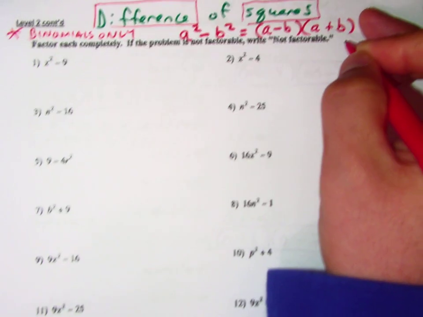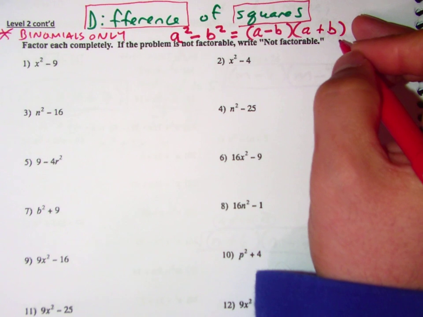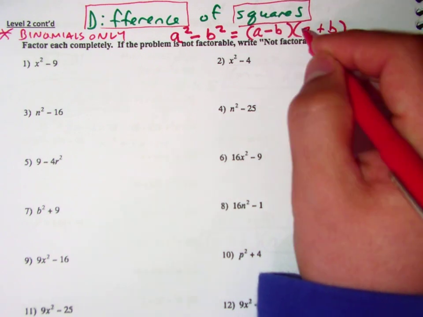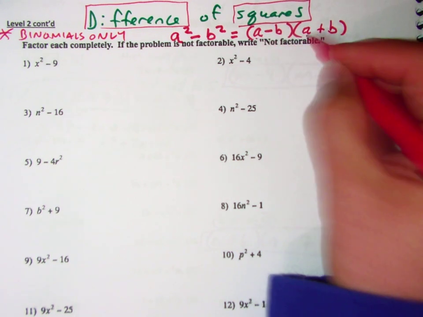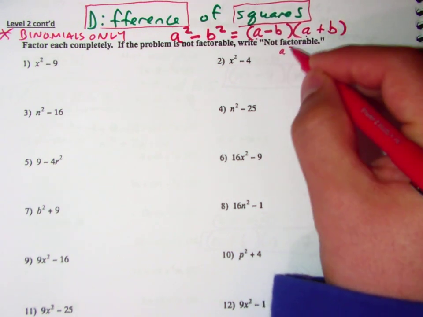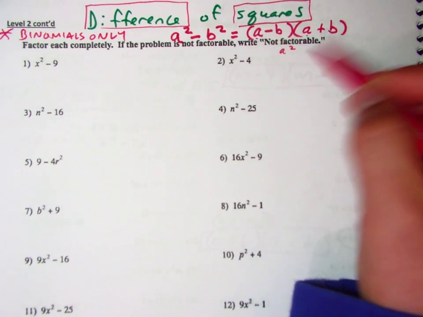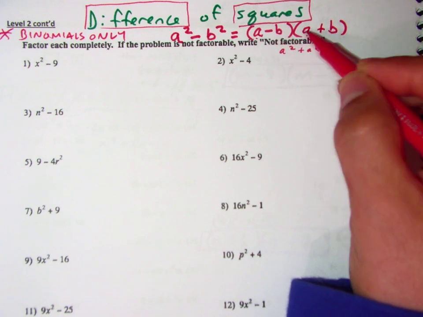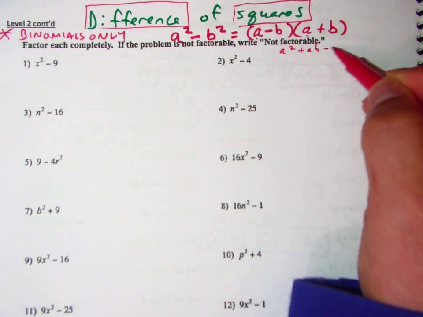Okay, and if you're not sure why that works, this isn't just a magic trick or a formula. I mean, if you multiply this back out, so like a times a, that gives you a squared. A times b gives you positive ab. Negative b times positive a, that gives you negative ab.